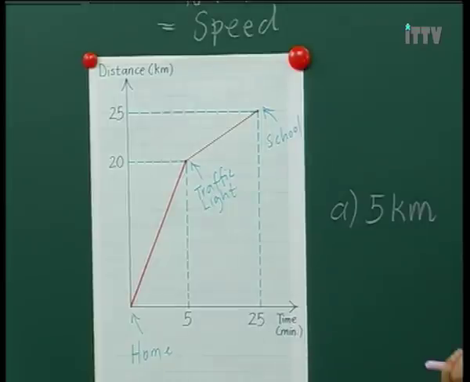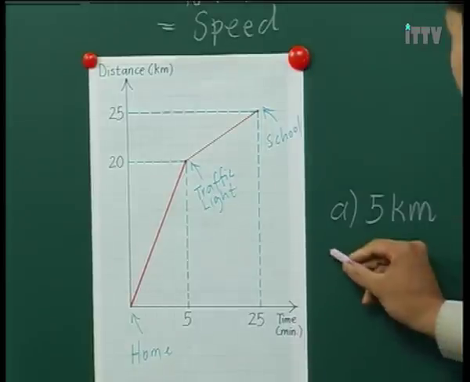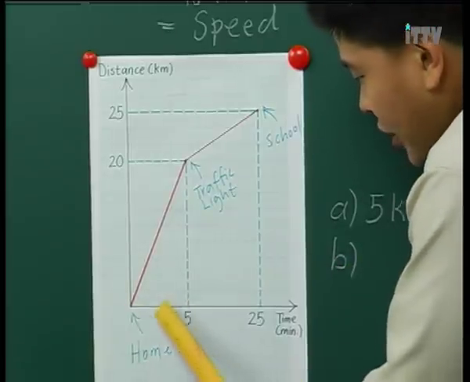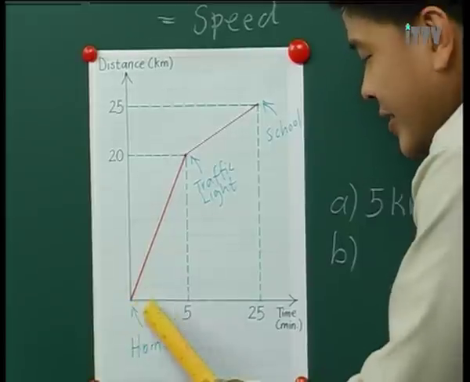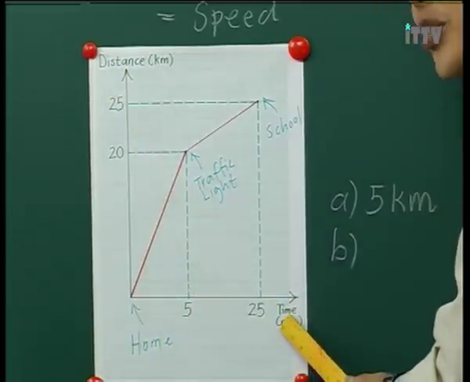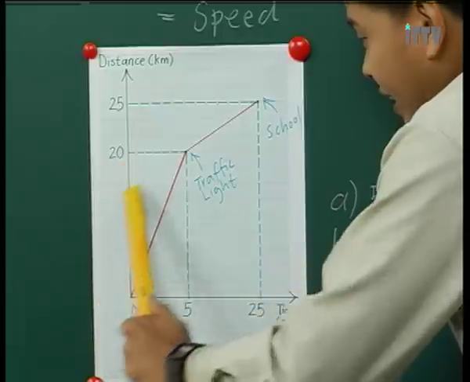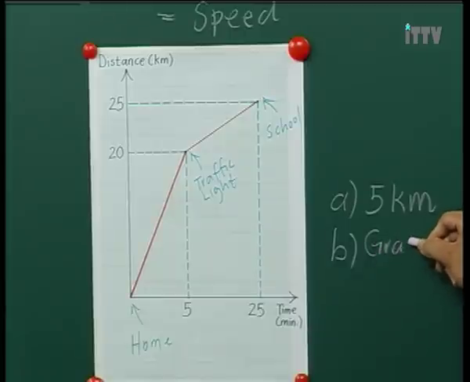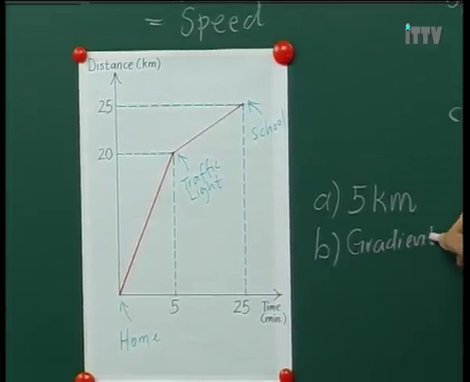Now, secondly, the speed in the first 5 minutes. You must be very sensitive, guys, because the first 5 minutes of travel is here. The speed of a distance time graph refers to the gradient. So you must find the gradient of this straight line. Remember that the gradient can be found using any of those two methods.